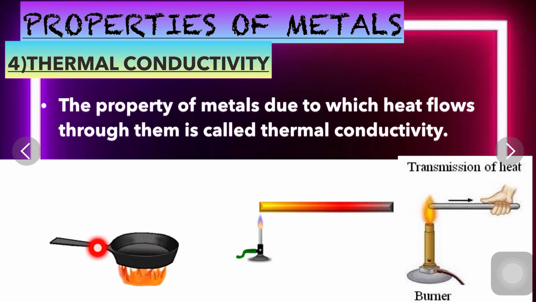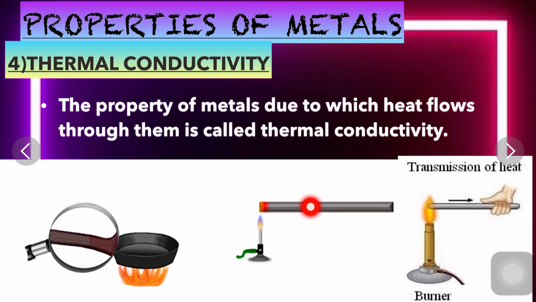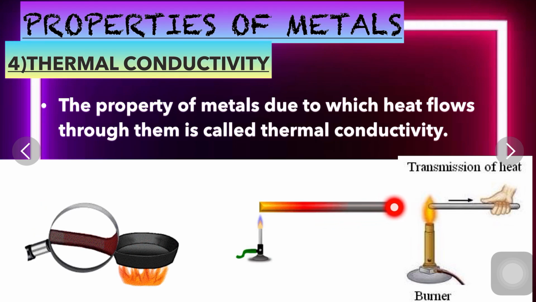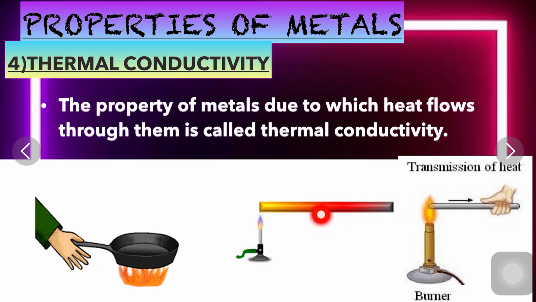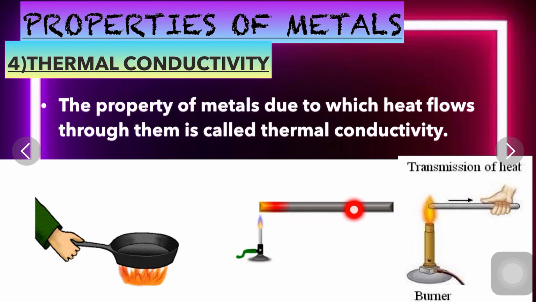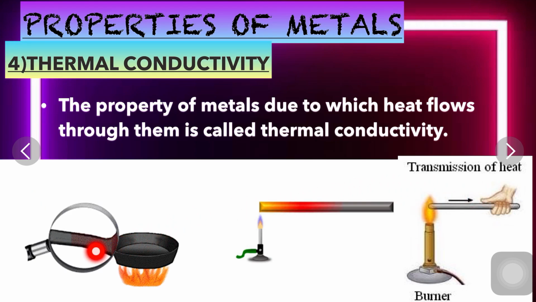So, as you can see here, the rod is being heated. If the heat increases, then it is going to travel from one place to another. That means it will travel till the hand. So this shows that metals are good conductors of heat.